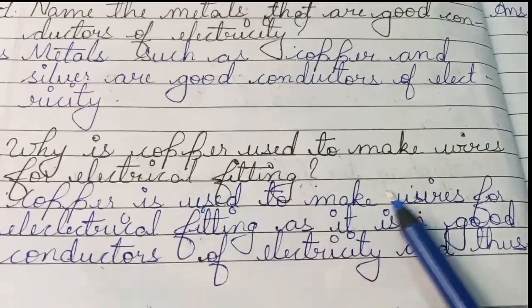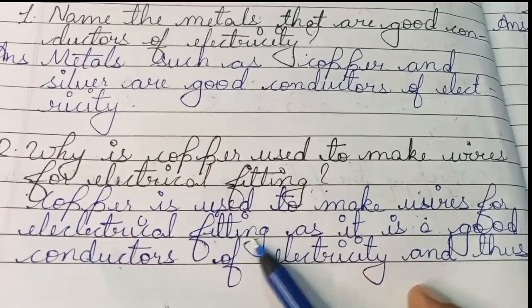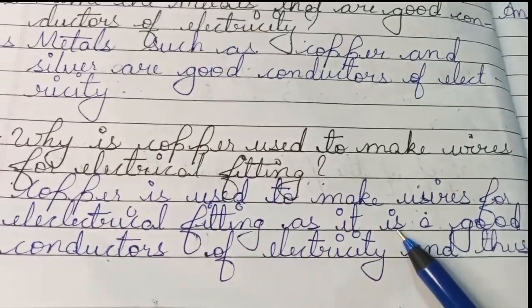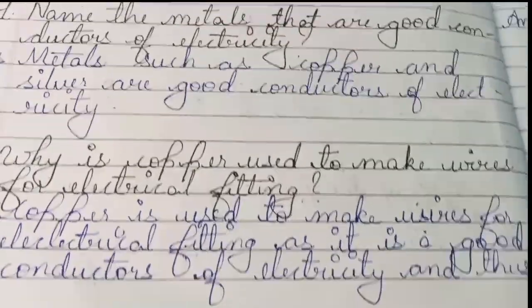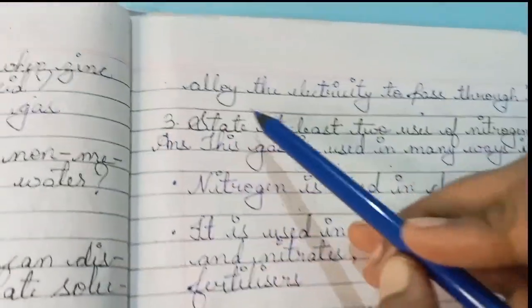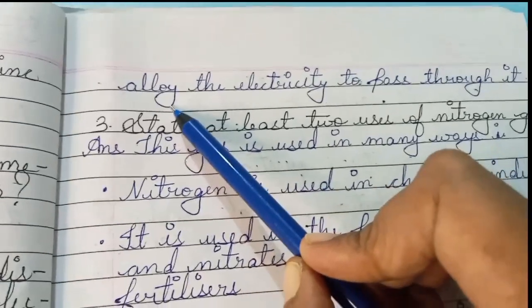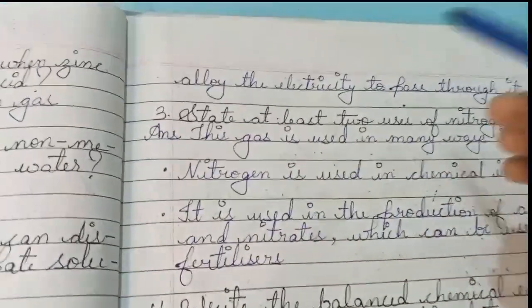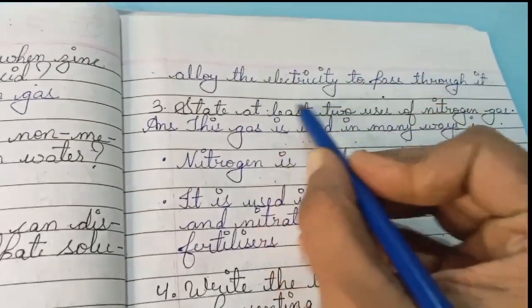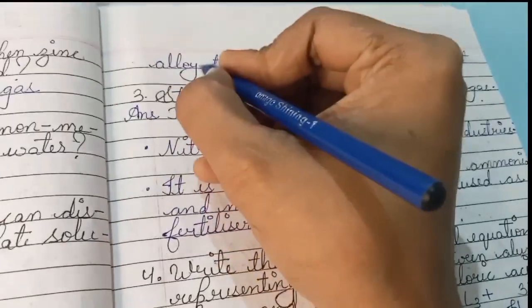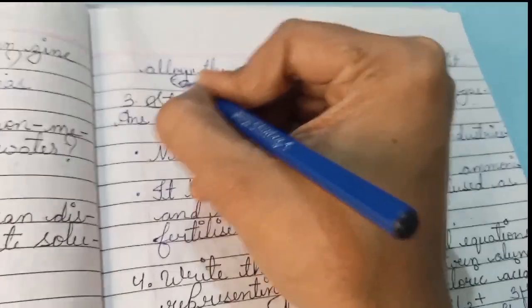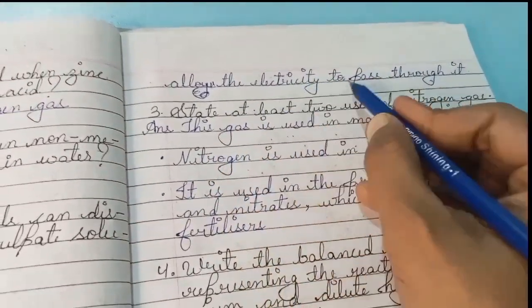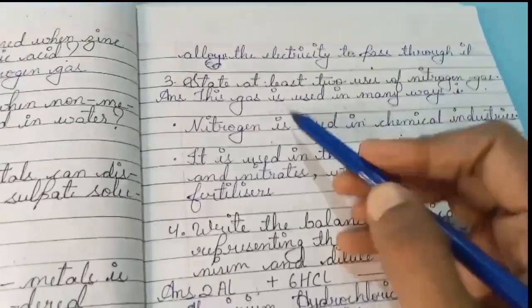Copper is used to make wires for electrical fitting as it is a good conductor of electricity and thus allows the electricity to pass through it. यहाँ पे alloy नहीं allows आएगा, and allows the electricity to pass through it.